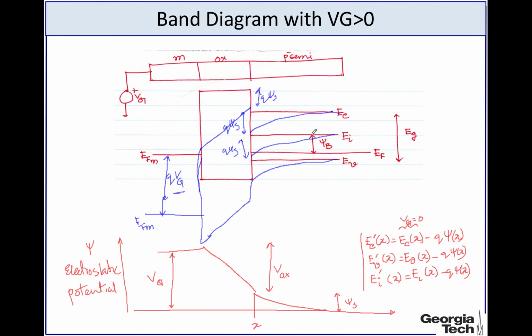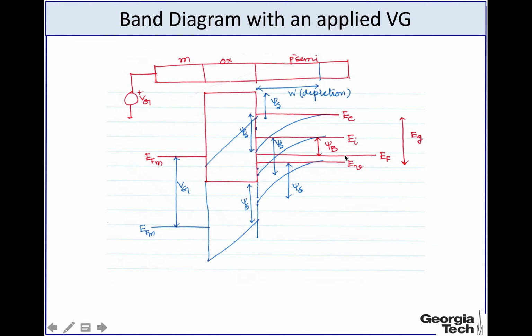And note that the EF, the Fermi level in the semiconductor, does not change. Only EC, EV and EI change when you apply a gate voltage. Okay, so we have drawn the same curve over here, just that this psi S should be all multiplied with a Q.